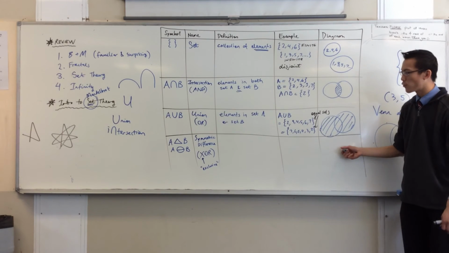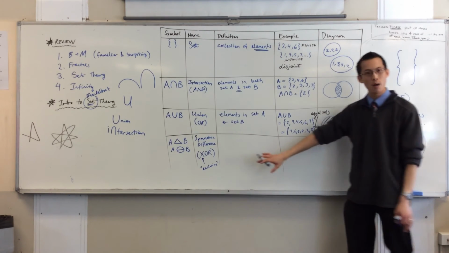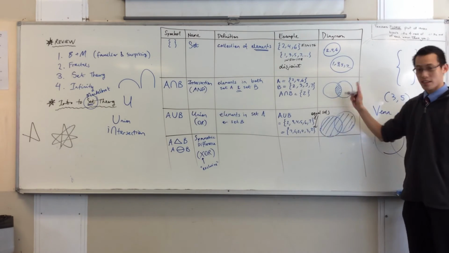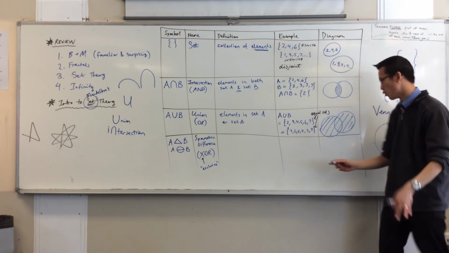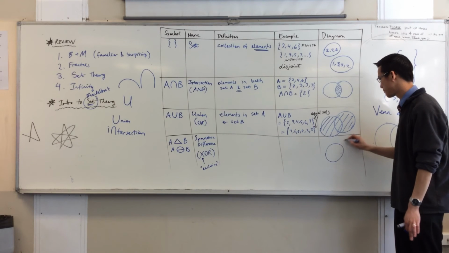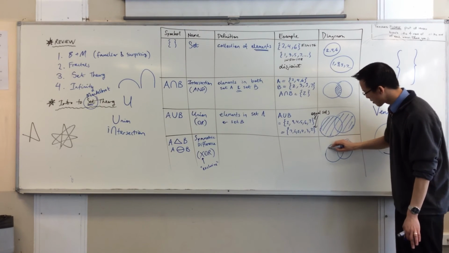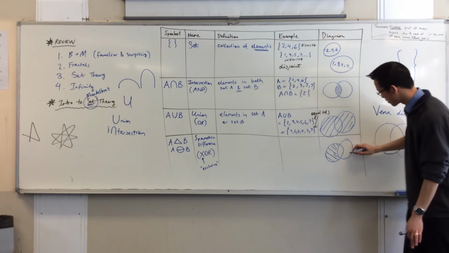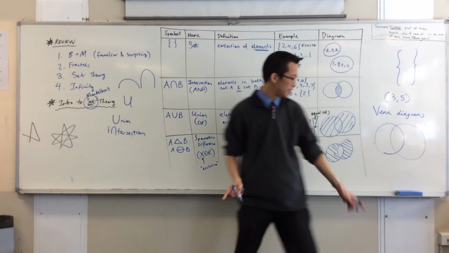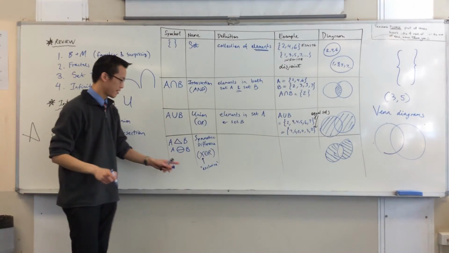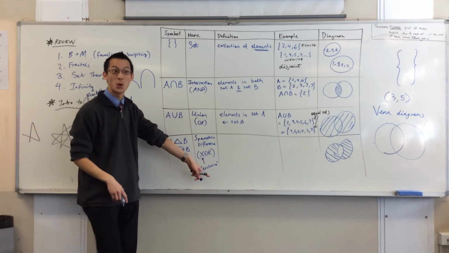I'm going to draw this for you, and I want you to tell me how you define this. It's not the intersection, it's not the union. The symmetric difference or the exclusive or looks like this. This would be A triangle B, or A XOR B.